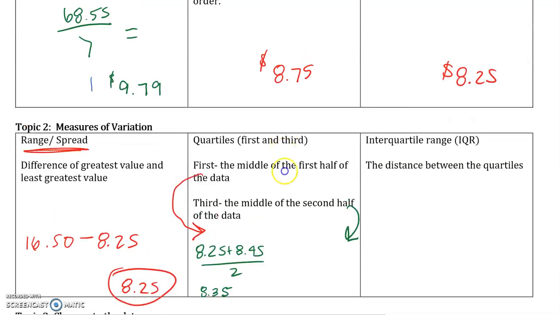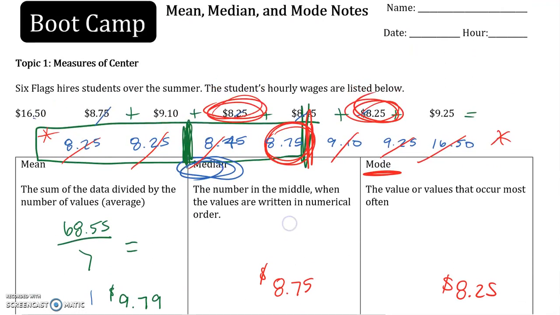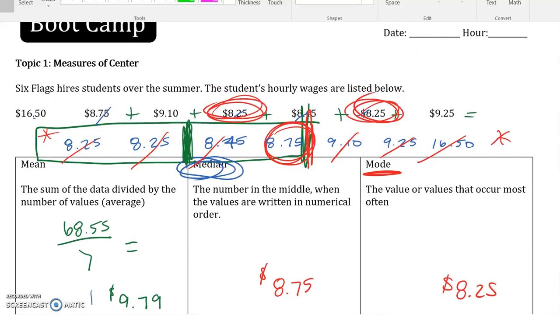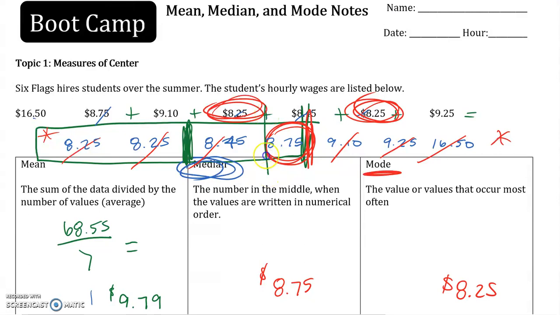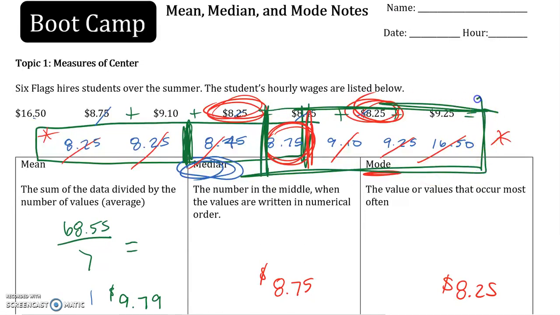The third quartile is similar, but this time you're looking at the second half of the data. You're starting at the middle or at your median, and you're going to the end. So you're looking at this half. And again, you have 4 numbers. You want the middle of those 4 numbers. You'll calculate the average of 9.10 and 9.25.